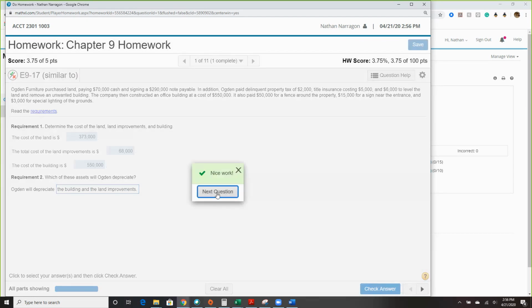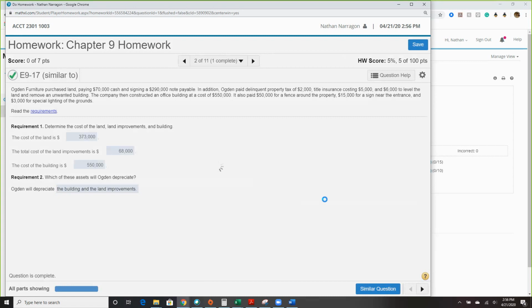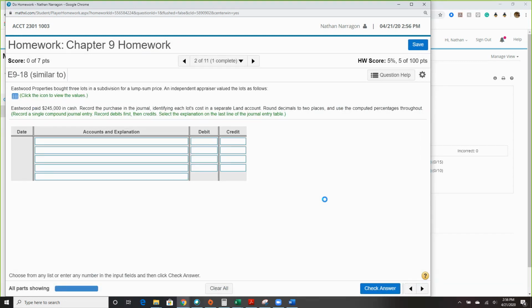Check, and there we go. Okay. See, that was a super easy type of question there. The only thing that would kind of trip you up is knowing what's allocated in cost. So let's see what number 2.